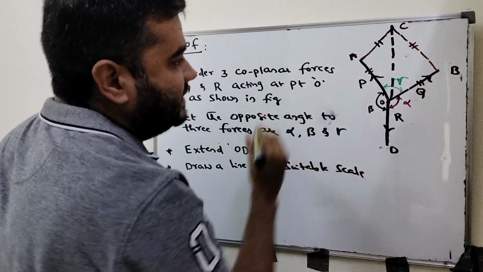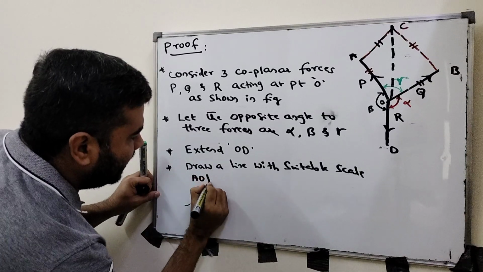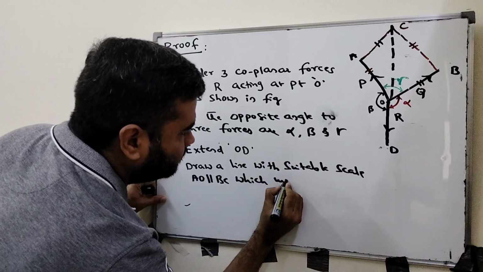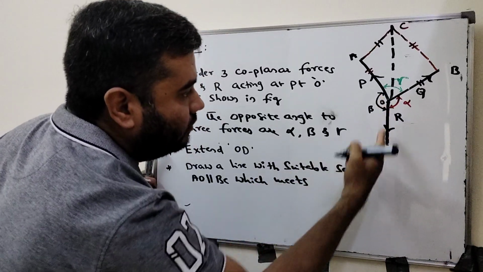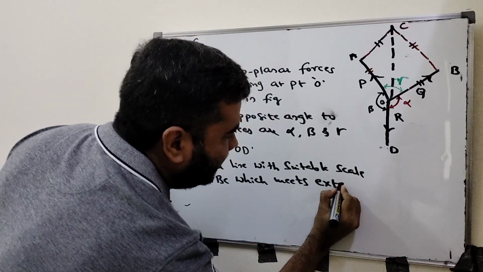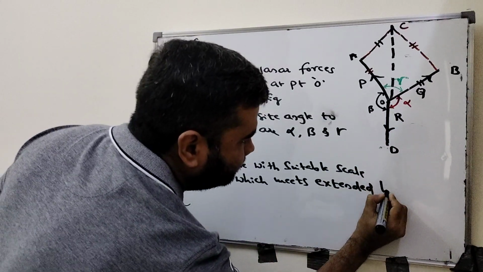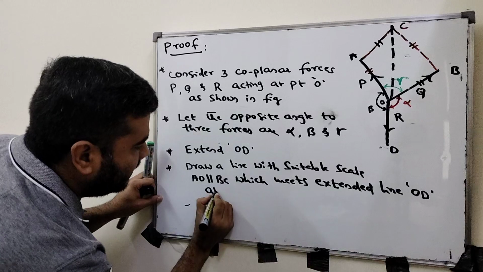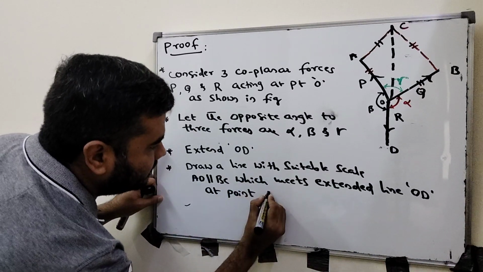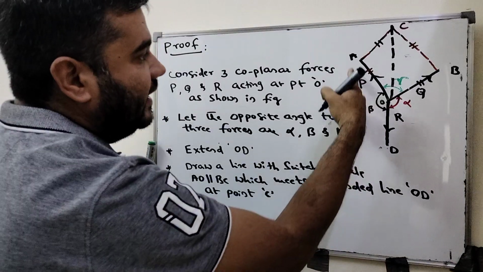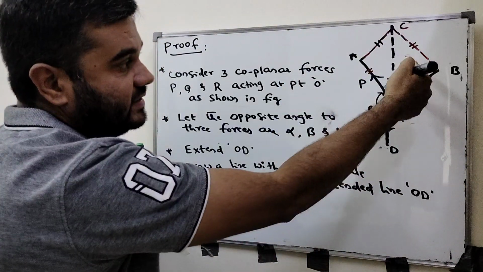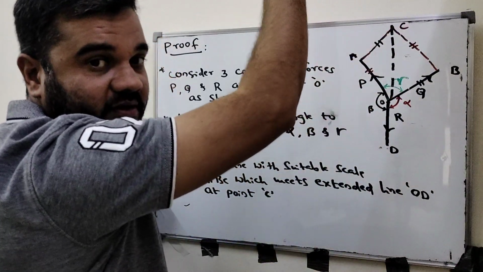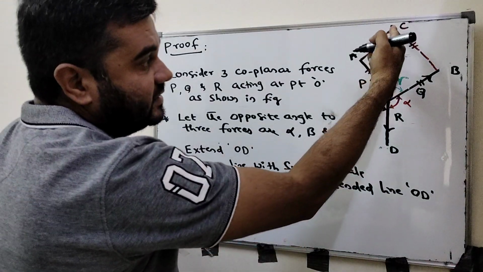AO parallel to BC, which meets the extended line OD at point C. Did you understand? It means you have to draw a line AO parallel to BC, which meets the extended line, because you extended OD up to a particular point here. Okay, it meets at point C here.